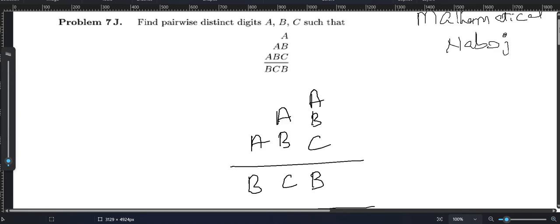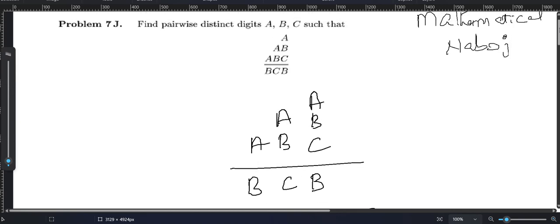Now, can we find any patterns in this? Can we make any logical conclusions in this? Is it possible? One thing we can say, generally students try for the brute force method by substituting some numbers. So instead of that, let's try to find any particular small hint in this problem.